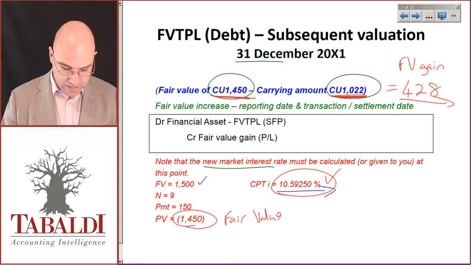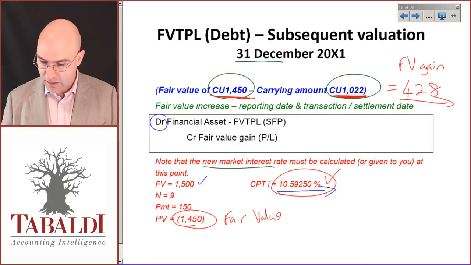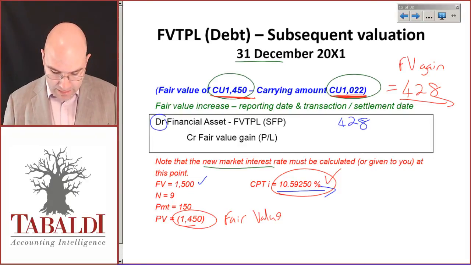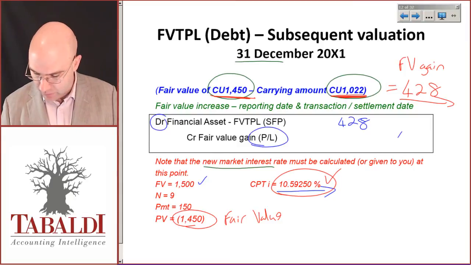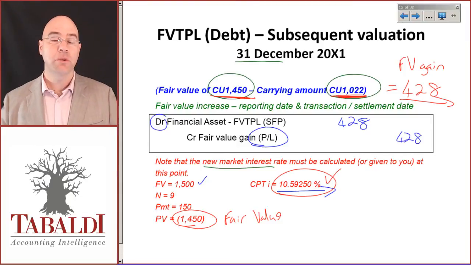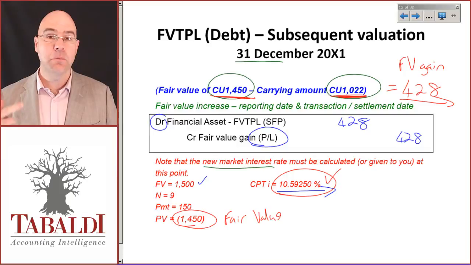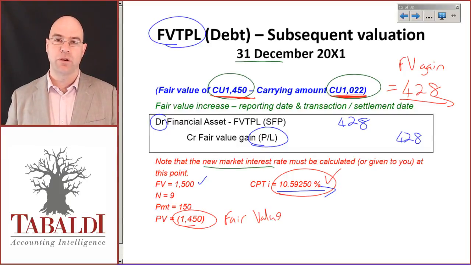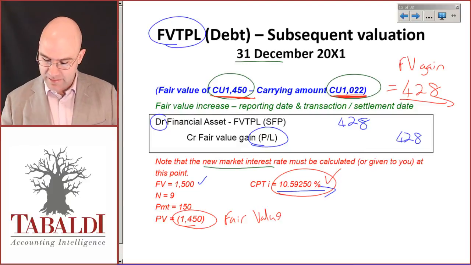Okay, so I'm increasing the financial asset by 428, and the fair value gain is going to go to profit or loss. Why? Because this is an investment in a bond, a financial asset that is subsequently measured at fair value through profit or loss. Okay, so that's nice and easy.